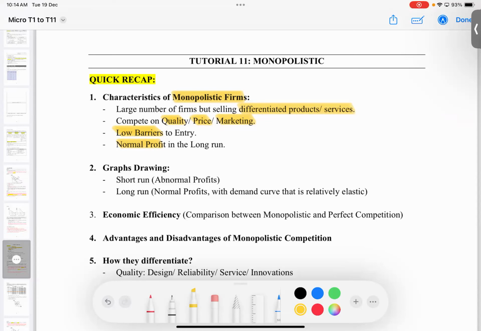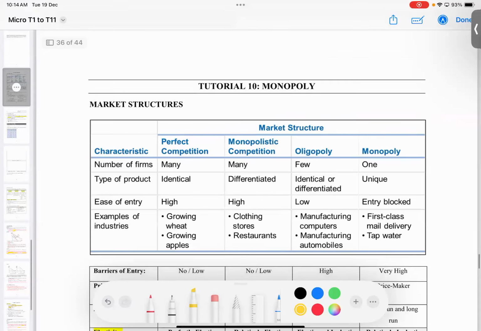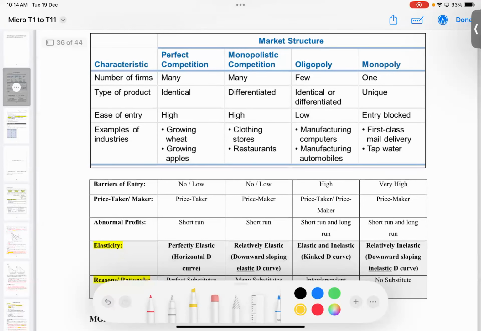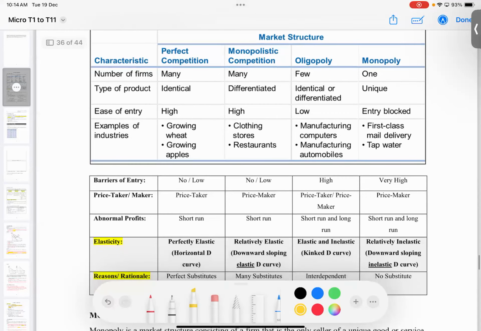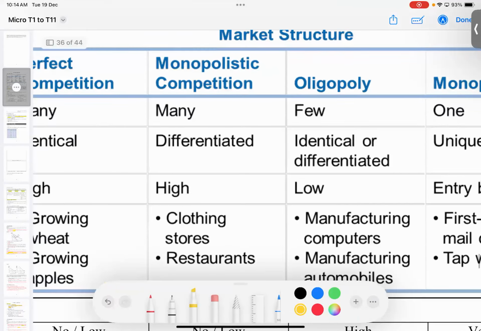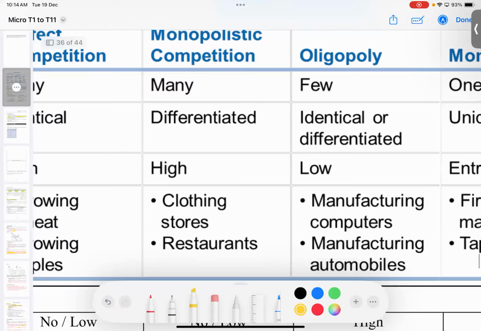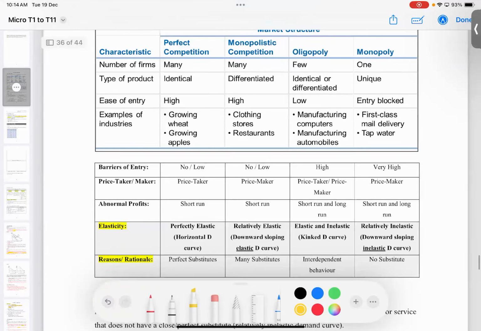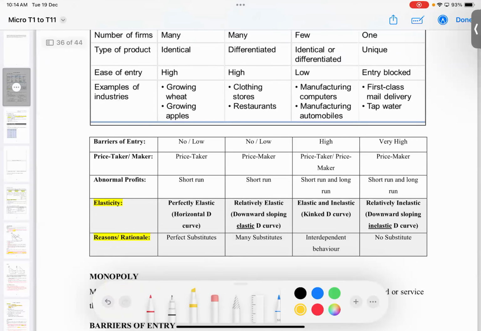Same thing if you refer to the table that we use to learn all the market structures. When we learn about monopolistic competition, we say that there are many firms, differentiated products, and ease of entry. The most important thing is that we are using clothing stores and restaurants as the examples. A few things I want you to remember.